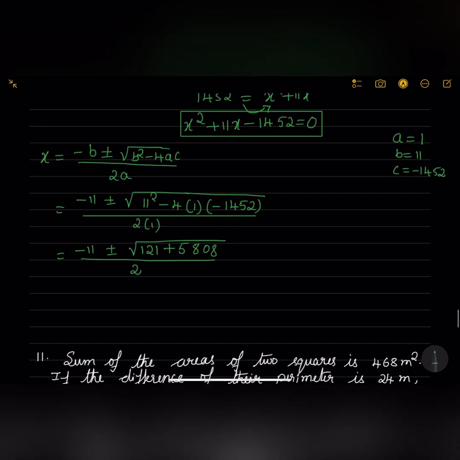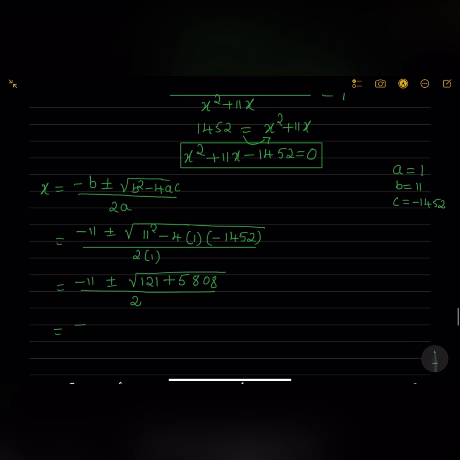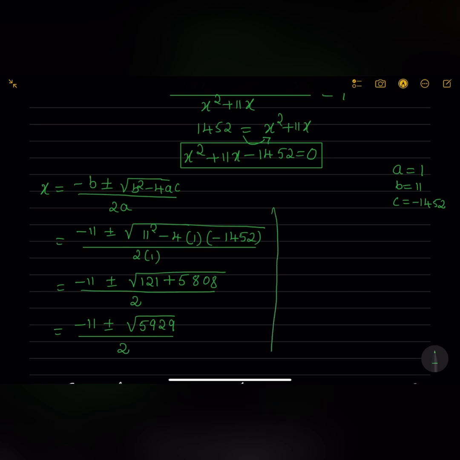And if you add it, we will get 5929 divided by 2. And the square root of 5929 is 77, so minus 11 plus or minus 77 divided by 2.